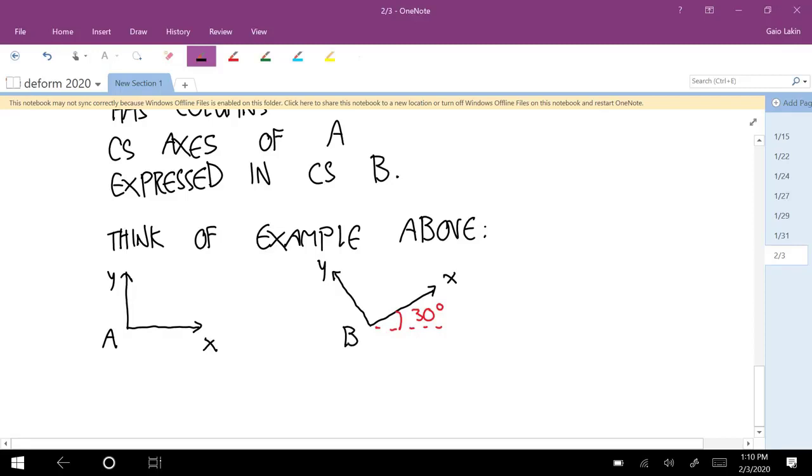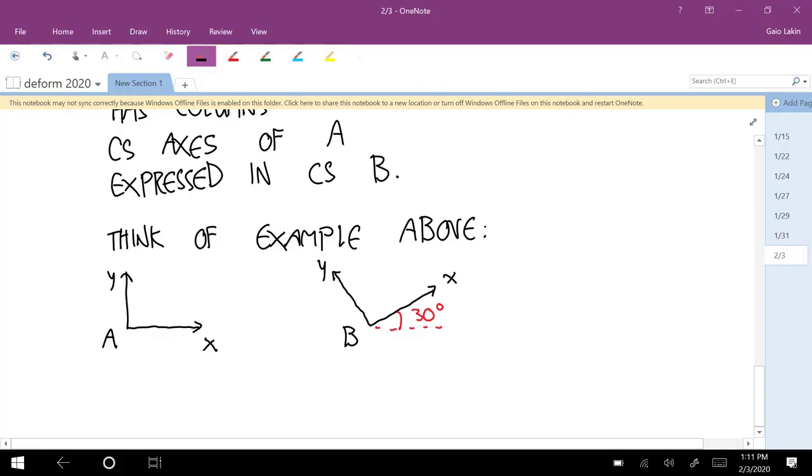So since we start out with a vector that's expressed in this coordinate system, and we want a vector expressed in this coordinate system, we want the axes of A expressed in B, and that'll give us the columns.